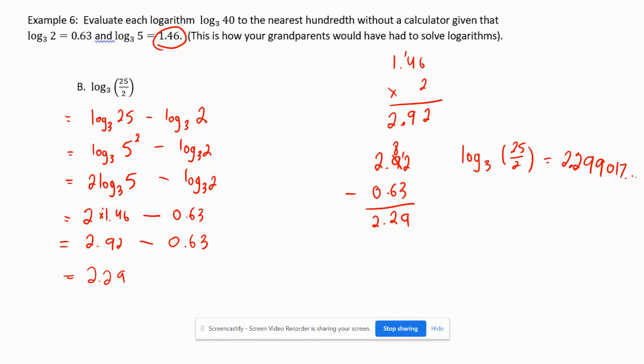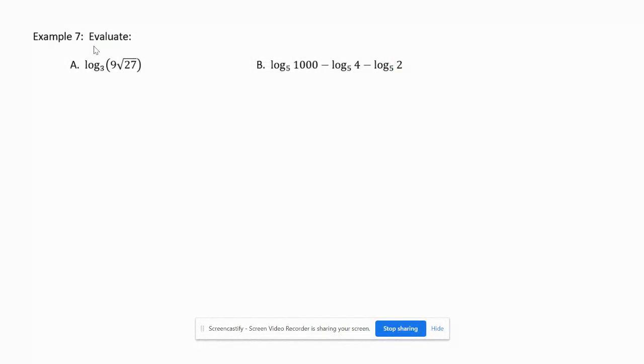So we're off by like 1/100th. But since these were rounded values, we lost a bit of accuracy. Okay, but that gives you a very good way of being able to calculate logarithms. In the logarithm tables they would have had many more decimal places than just 2 decimal places. But that's how you did this type of work.